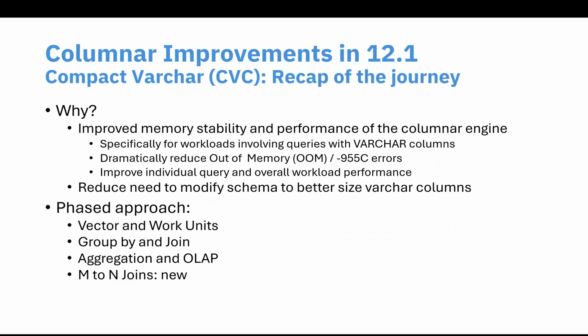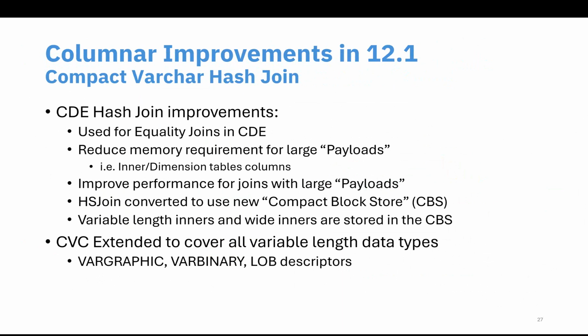And this just wasn't an efficient use of memory. In really heavy systems, it could lead to out of memory conditions. And so what we worked on in 11.5 is to really reduce where we had this over consumption of memory. We did it for vectors and work units, group by, and aggregation, but we didn't get to the M-to-N joins work. And with V12, that work is now available.